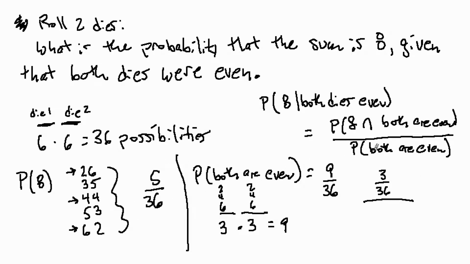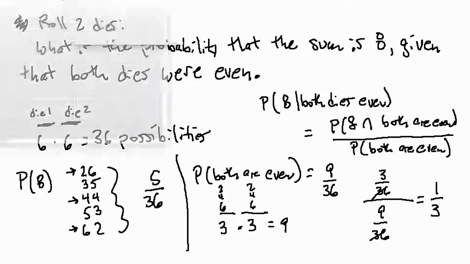And the probability that both are even is just 9 over 36. These 36's cancel out, and 3 over 9 is equal to 1/3. Okay? Not too complicated.